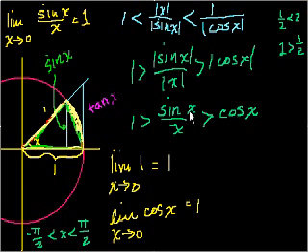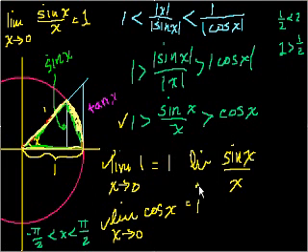And if it's in between the two, this is approaching 1 as we approach 0, this is approaching 1 as we approach 0, and this is in between them, so it also has to approach 1 as we approach 0. And so we are using the squeeze theorem, and you could say, therefore, by the squeeze theorem, because this is true, and this is true, sine of x over x, the limit as x approaches 0 is equal to 1.